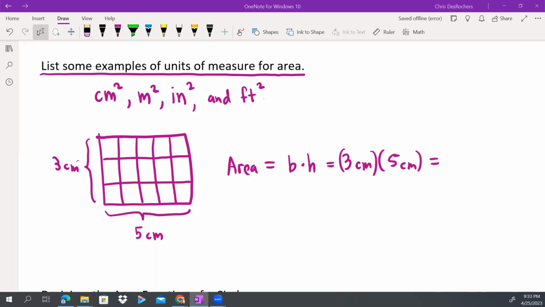And observe for this rectangle with a base of 5 centimeters and a height of 3 centimeters, when you multiply 3 centimeters by 5 centimeters, we end up multiplying the 3 and the 5 to get 15, and the centimeters by centimeters to get centimeters squared.